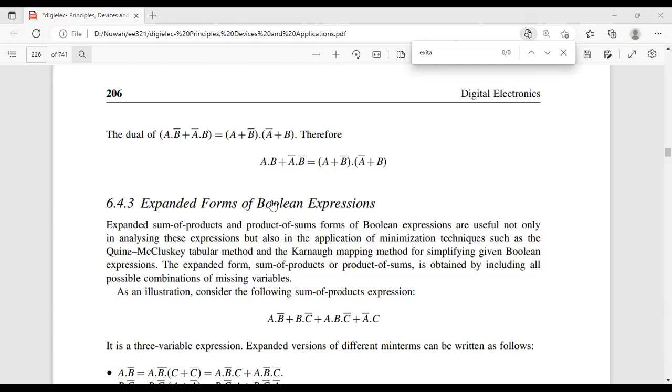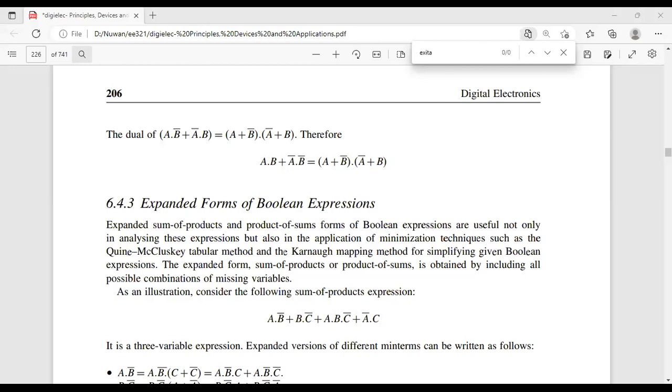Actually, you do not need to remember the excitation table. If you know the function table, you can use it. I have explained this.